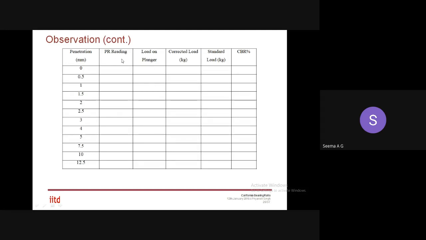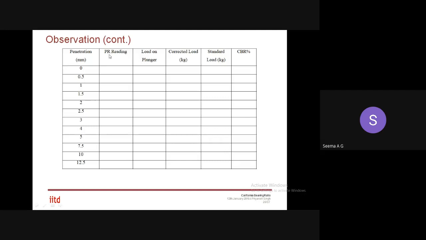Then the proving ring reading is converted to the corresponding load by multiplying the value with the proving ring constant. The proving ring constant is obtained from the calibration graphs, which are available with each proving ring. The proving ring is calibrated every 2 years or at specific intervals, and from the calibration graph you get the proving ring constant.